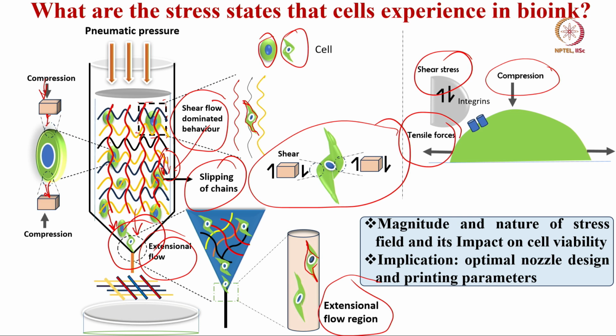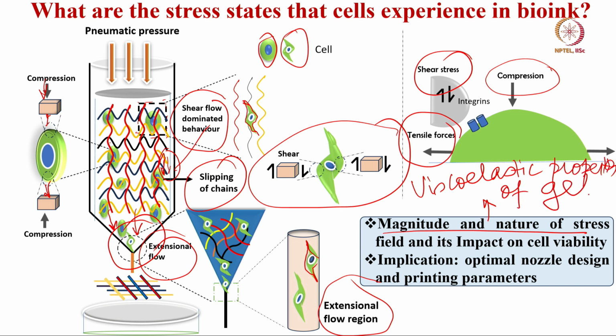The question is what is the magnitude and nature of this stress field and its impact on cell viability. Remember that the magnitude and nature of stress would also depend on the viscoelastic properties of the gel and also printing parameters like extrusion pressure, for example. What would be the implication?